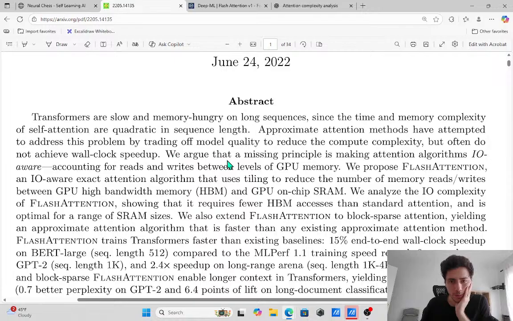Okay. They argue that the missing principle is making the attention algorithm I/O aware, accounting for the reads and the writes between levels of GPU memory. Process proposed: flash attention.